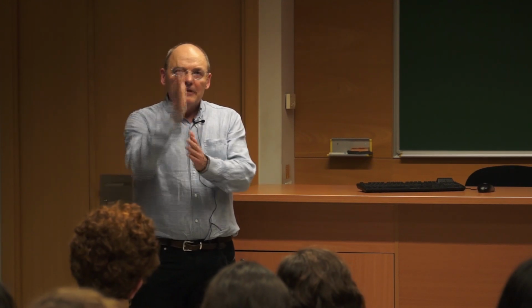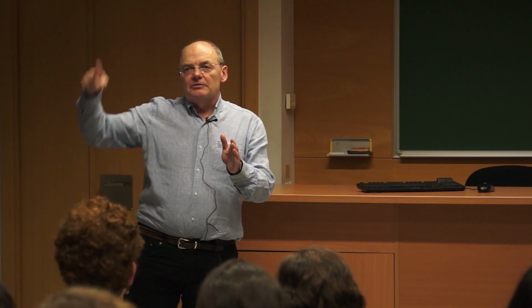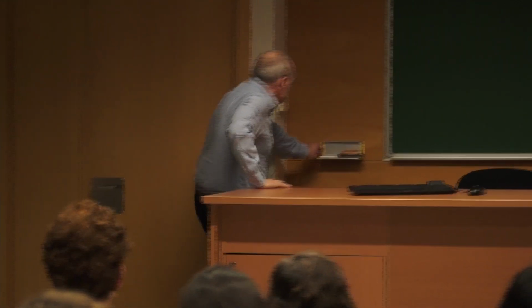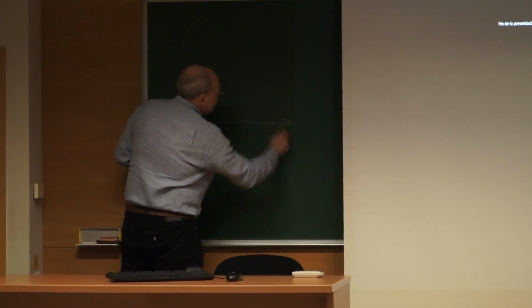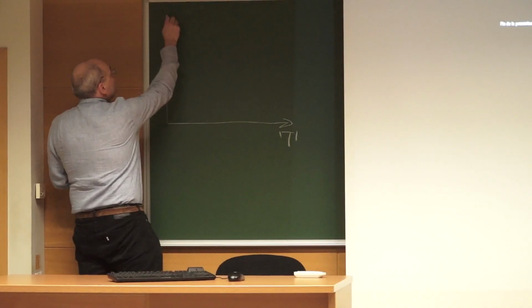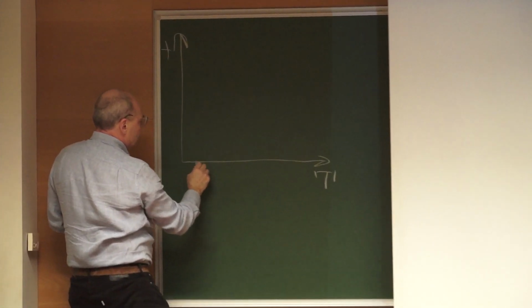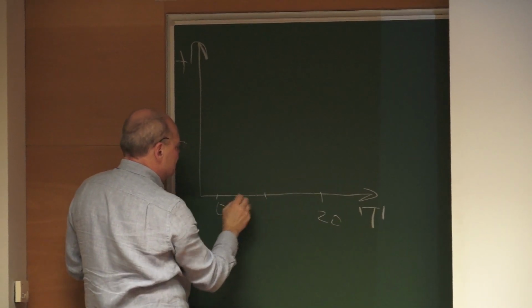Unfortunately, I didn't put this slide here, I meant to. It's a distribution. Here is temperature, and here is the frequency, so here is 0 degrees Celsius, here is 20, 10, so here will be 5.